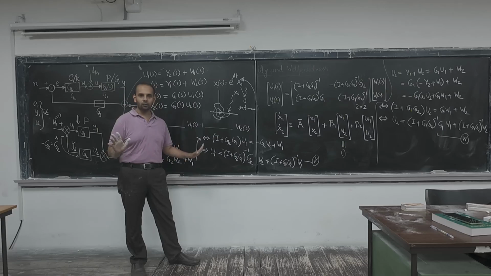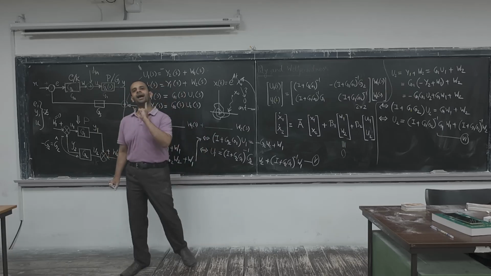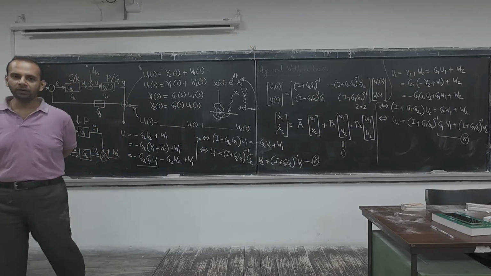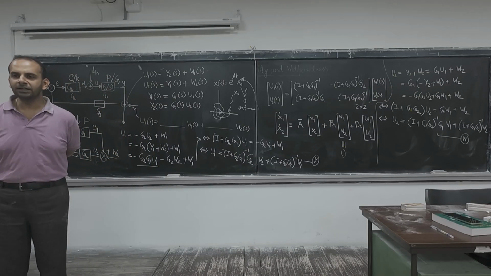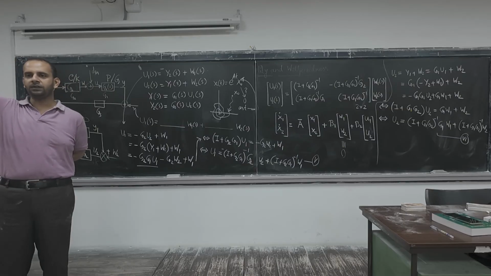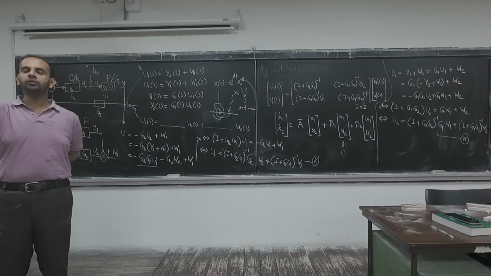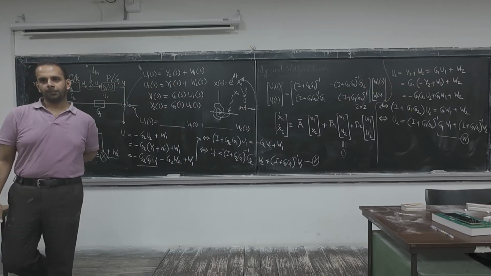If you can at least guarantee that (I plus G1 G2) whole inverse is asymptotically stable, that means starting from zero frequency to very high frequency, it will always contribute finite gain.